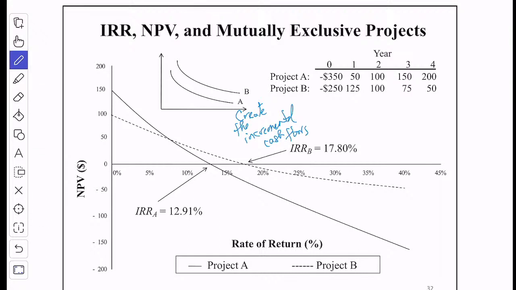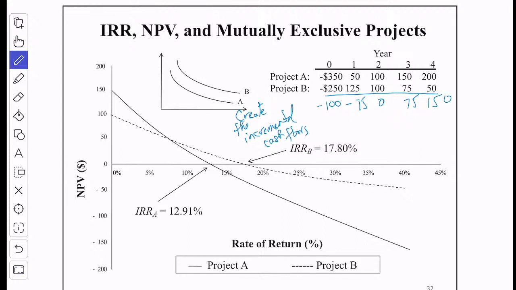So let's do the subtraction. So 350 minus 250 is plus 100. Then this is negative, and this minus that is negative 75. This is 0, this is 75, and this is 150.